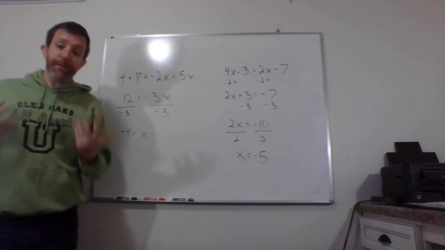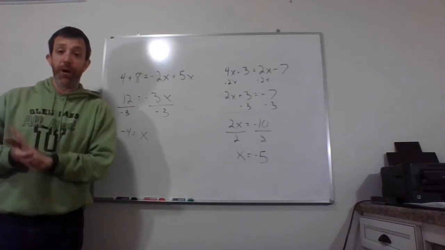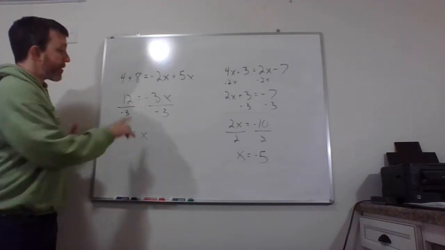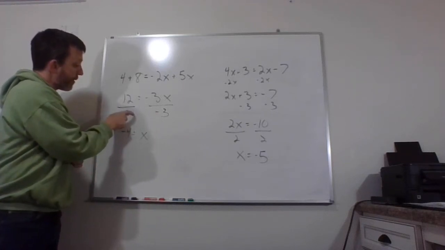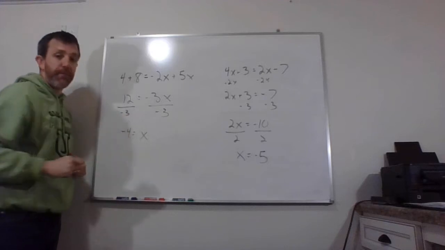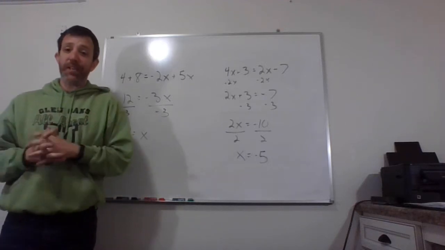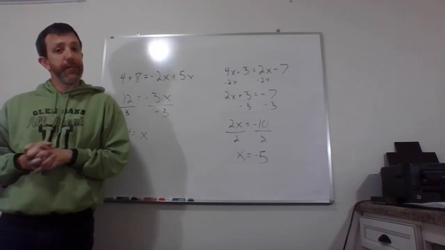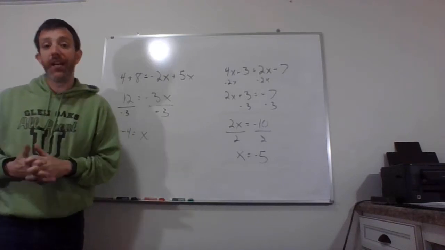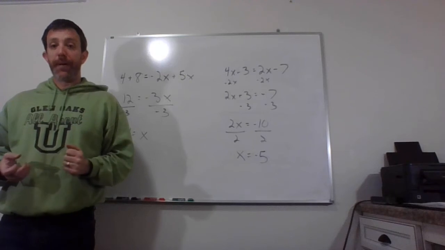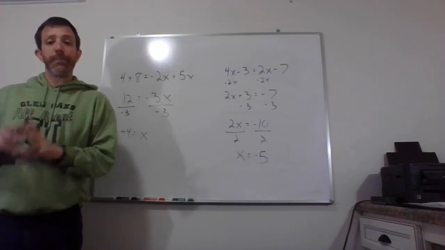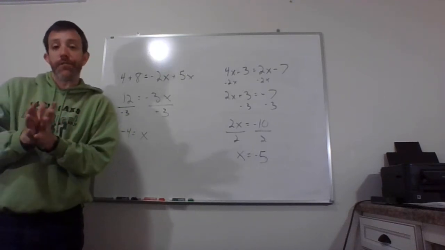Now, one thing that I have noticed in my years of teaching, and that's worth watching out for, people sometimes, when you have this negative here that you're dividing by, they bring it over, they write down 12 over -3, and I think it's because a negative sign looks an awful lot like a subtraction sign. I get a lot of 12 minus 3 instead of 12 divided by -3. So be careful. Please pay attention to what it is that you're actually trying to do.